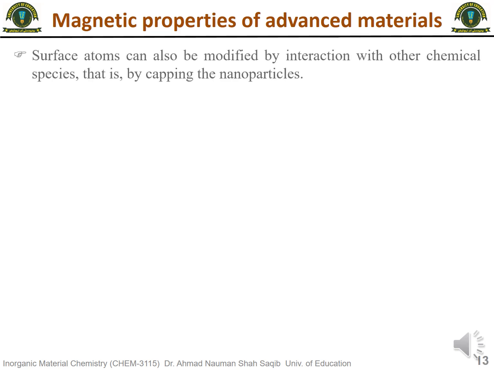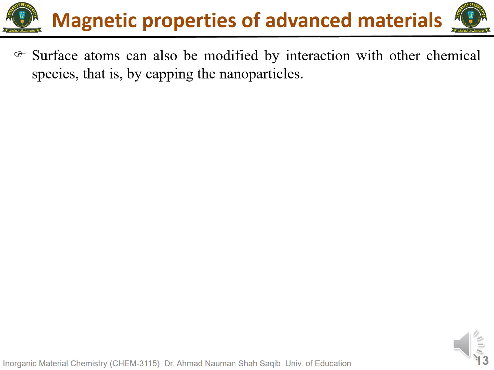Another common way of inducing magnetic properties in a non-magnetic material is surface modification. One possibility is that we reduce the size of the material so that it shows ferromagnetic behavior. Another possibility is that we cap the surface of the nanoparticles or materials with some specific chemical compound or chemical species which makes them magnetic.